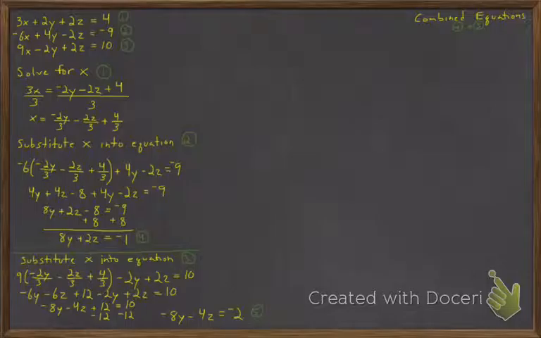And then we'll use elimination to get to a single variable. So when we combine those two, we have 8y plus 2z equals -1. And we have -8y minus 4z equals -2.